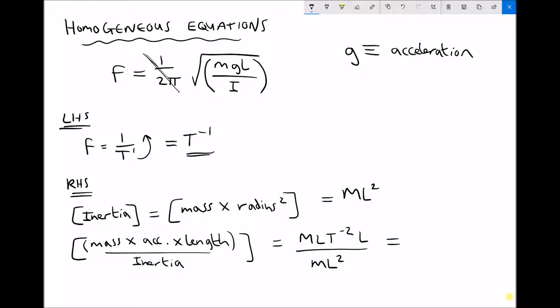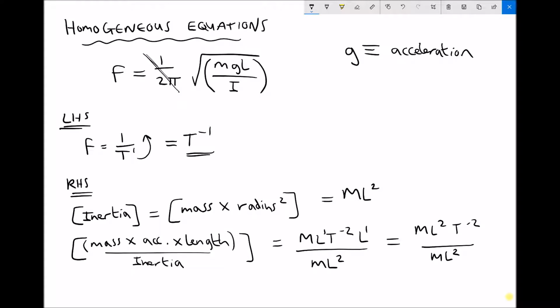Now the next step is to simplify what we have there. Now the easiest way to do this is to separate the top and bottom of our equation. So on the top, we've got an L to the 1 and an L to the 1. And we've got an m and a t to the minus 2. So we have m, L to the 1 times L to the 1 is L squared, t to the minus 2. And we're dividing that by inertia of ml squared.